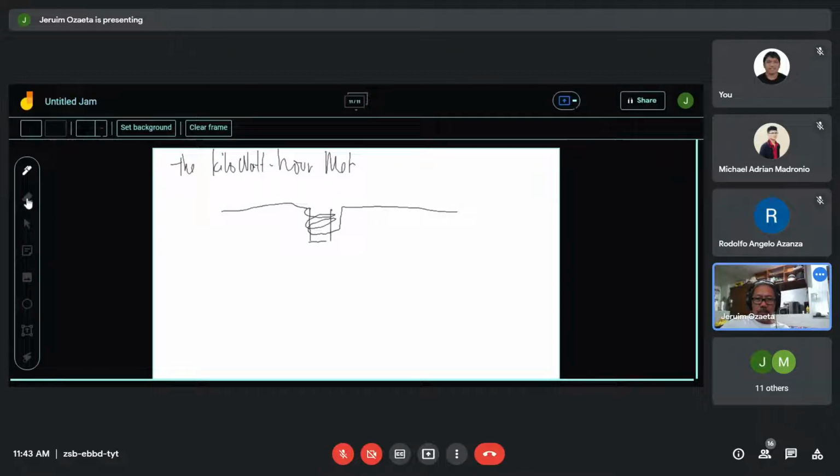Let's listen. Okay. So, this is the diagram. We said there is a need to measure the current.